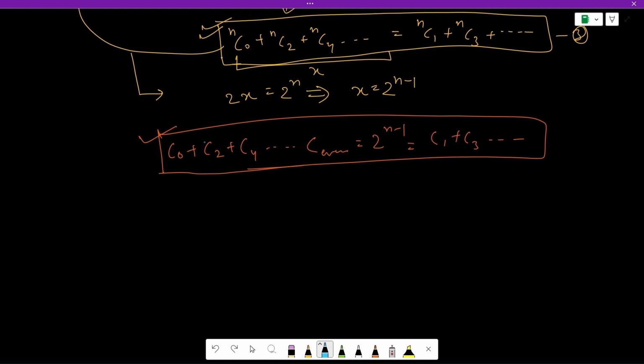Now let me write down all the results we have derived so far. The first result is summation nCr from 0 to n is 2 to the power n.